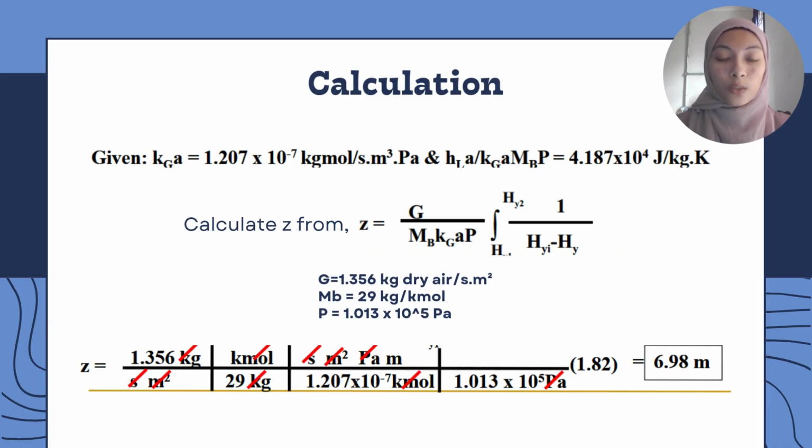From the question, we have obtained the values of kGa, G, MB, and also the pressure, where kGa is 1.207 times 10 to the power of negative 7, G is 1.356 kilogram per second meter squared, the molecular weight of air is 29 kilogram per kilomole, and the pressure is 1.013 times 10 to the power of 5.